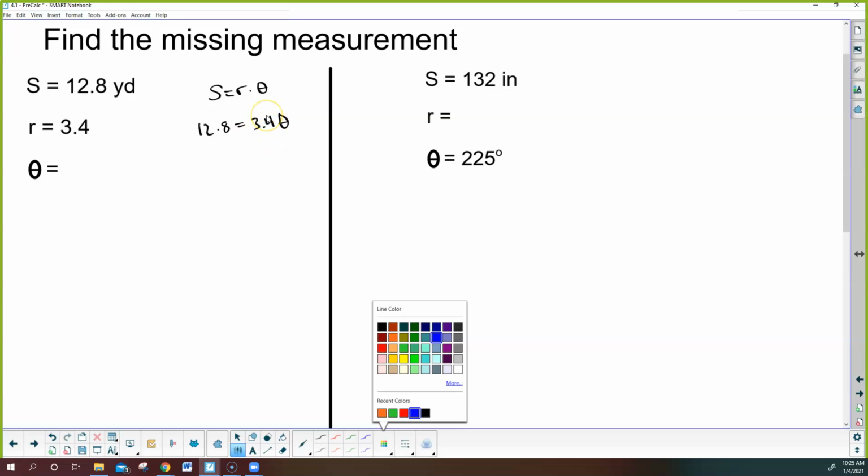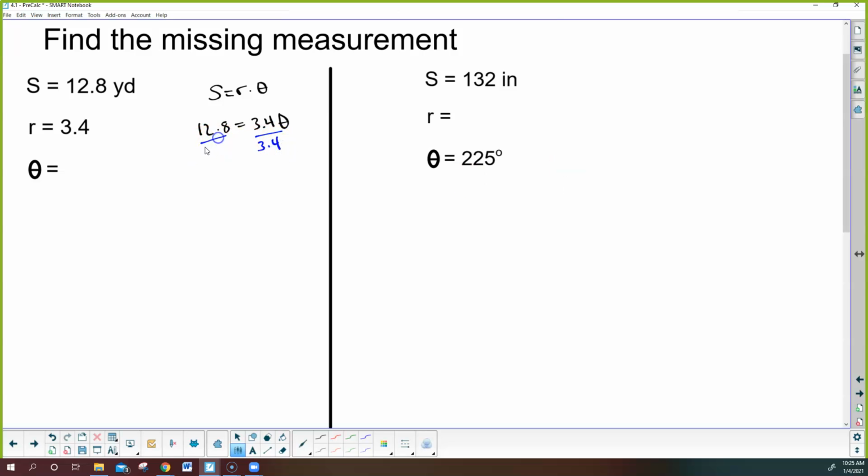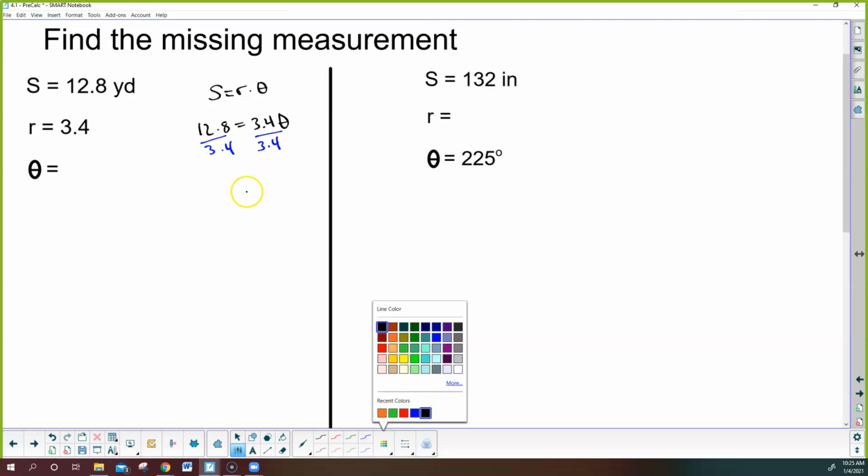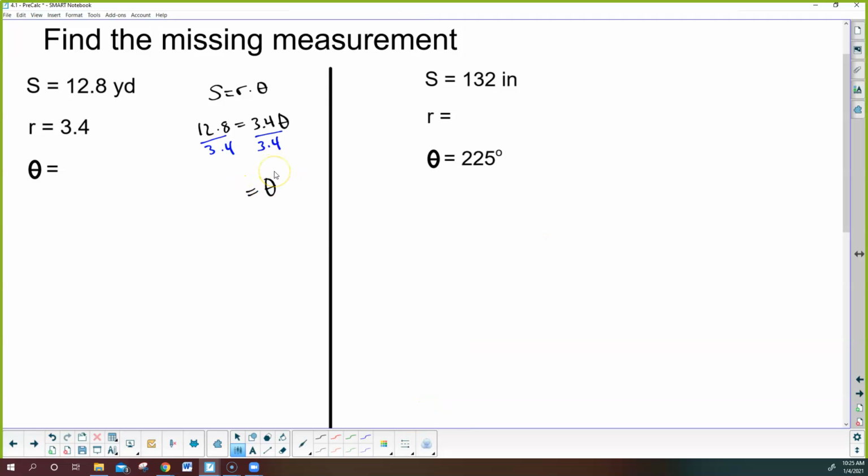I need to get 3.4 over to the other side, so I'm isolating theta.